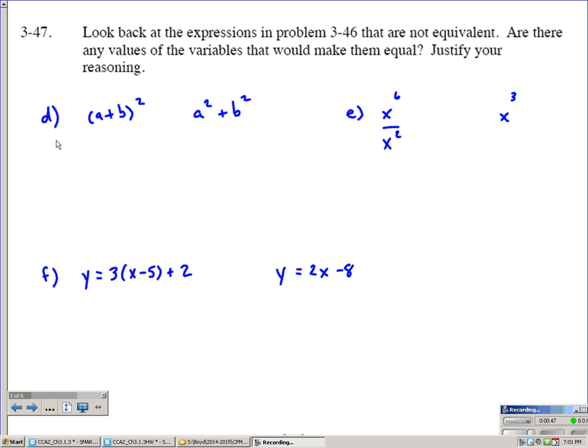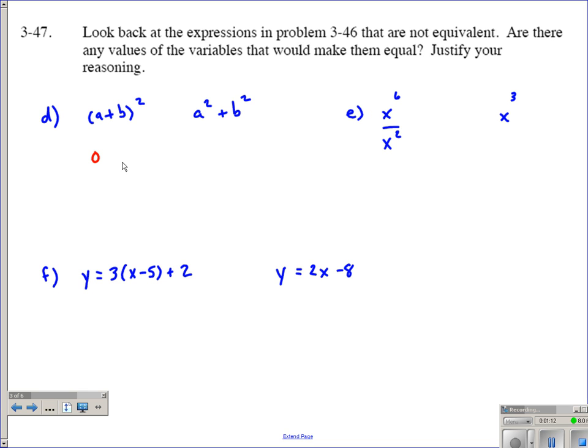So as we look at our first one, D, we have (A plus B) the sum, squared, and then we have the sum of A squared and B squared. Well, if we put in 0 for either A or B, it would simplify our expression down.